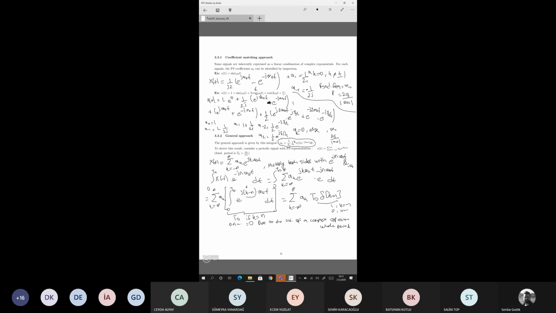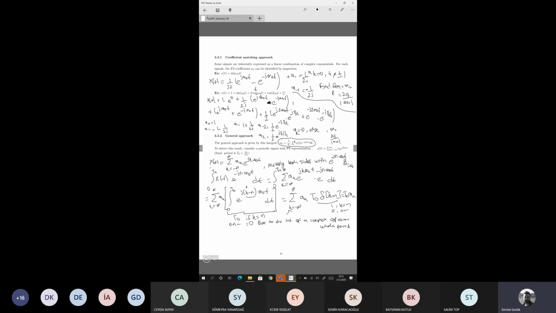Again, using the shifting property, I will put k equals n. So this is t0 times a n. That's it. This integration is nothing but t0 times a n.